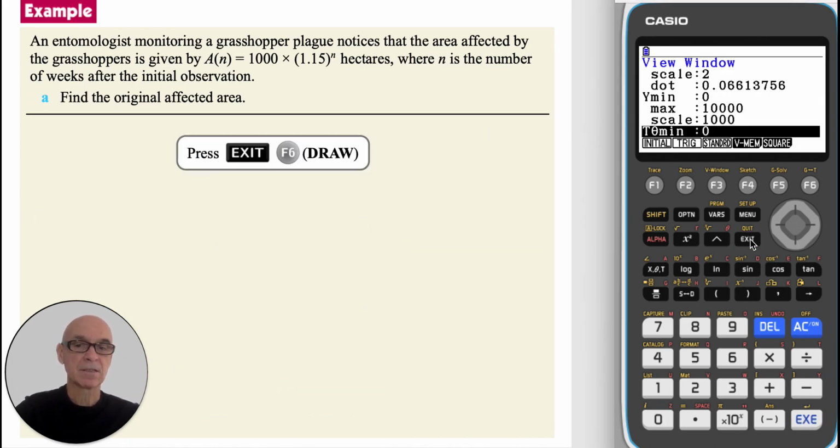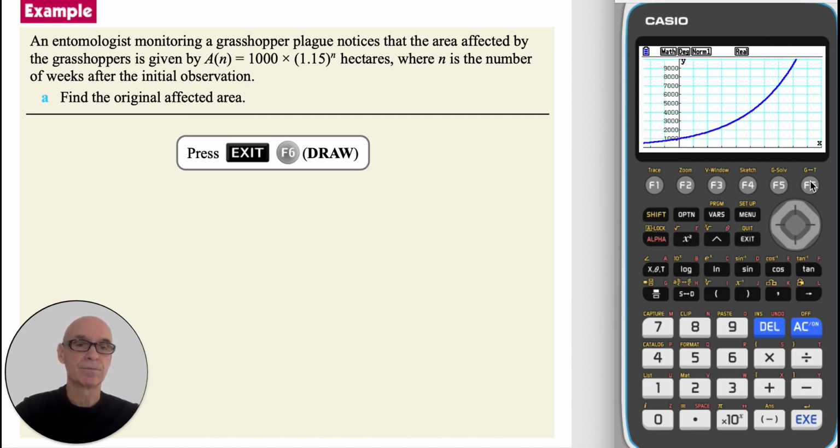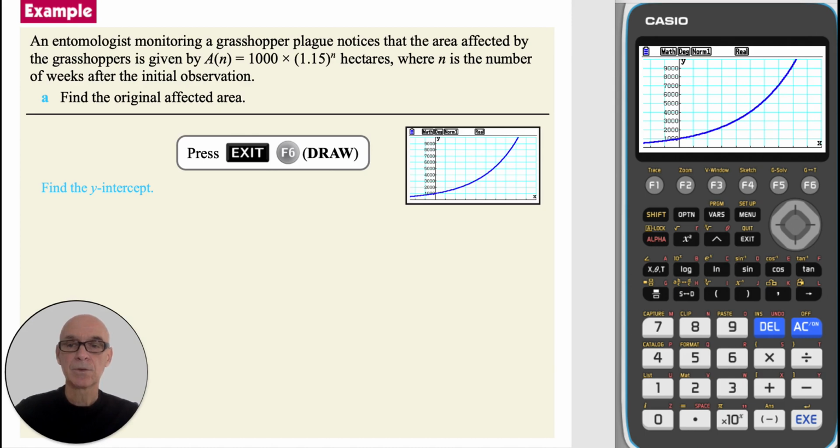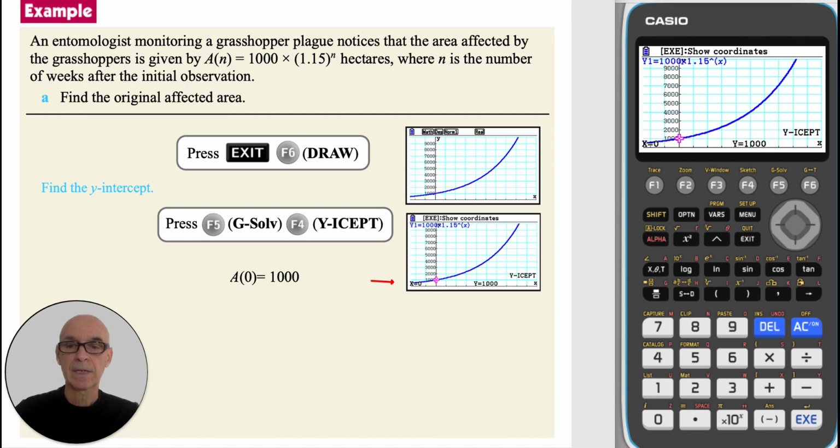Press Exit, then F6 to draw the graph of the function. To find the y-intercept, press F5, G-solve, followed by F4, y-intercept, given the same value as before. So the original affected area is 1,000 hectares.